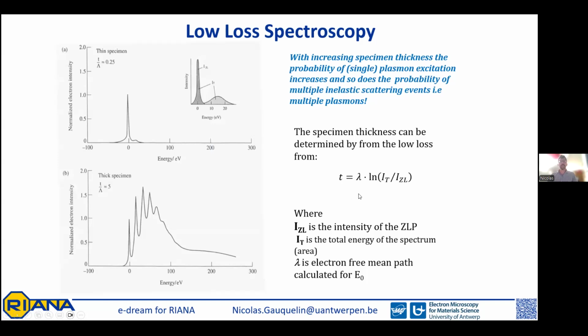This is commonly used to determine the specimen thickness, where we look at t over lambda by looking at the difference between the intensity under the zero-loss peak and the intensity of the inelastically scattered electrons.